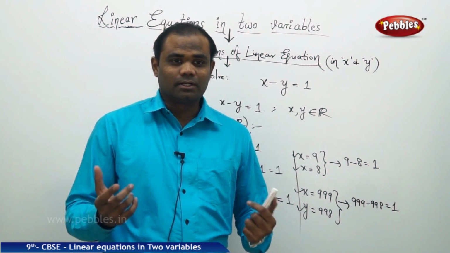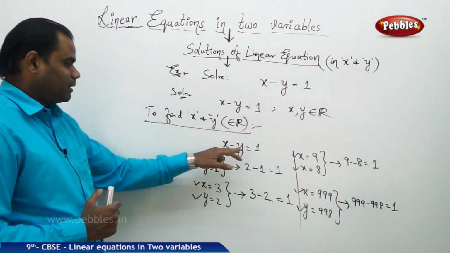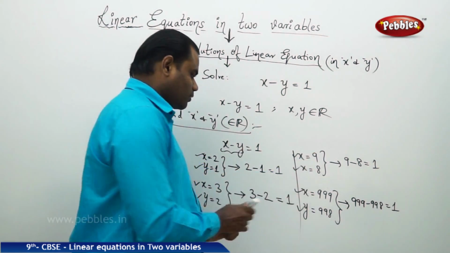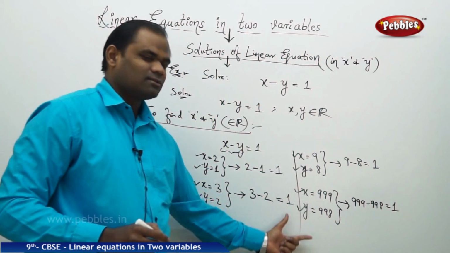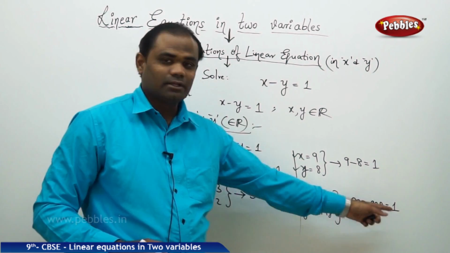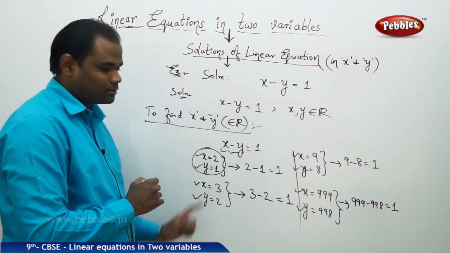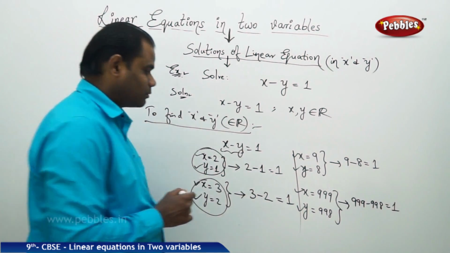So what do we learn out of this example problem? When we see the example problem x minus y equal to 1, as we see the different sets of solutions for x and y, all satisfying the given equation, they are all solutions. This is a solution for the given equation.